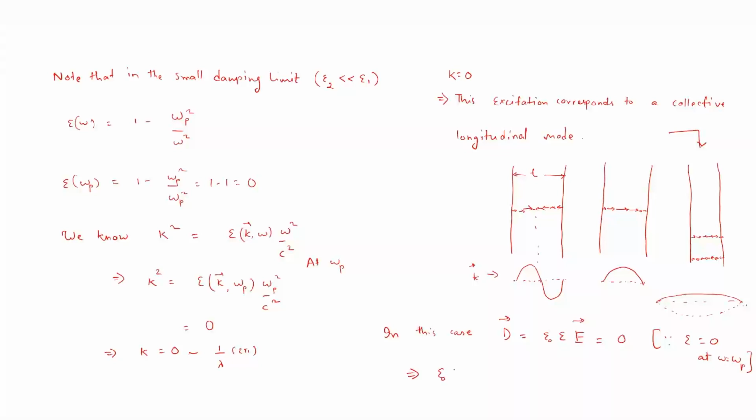D vector is epsilon naught E plus P. That means the electric field E is totally given by your polarization. Or, since it is minus P, it is called a depolarization field. So at plasma frequency, the electric field is pure depolarization field.